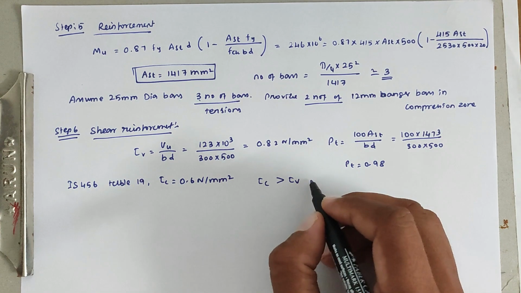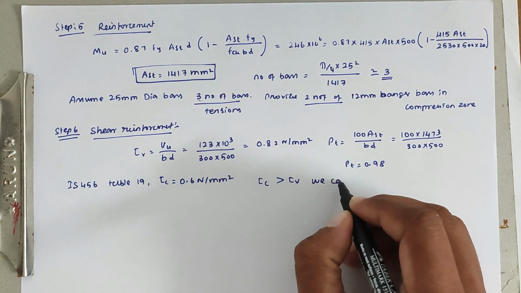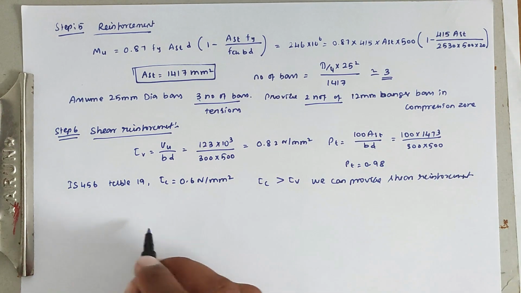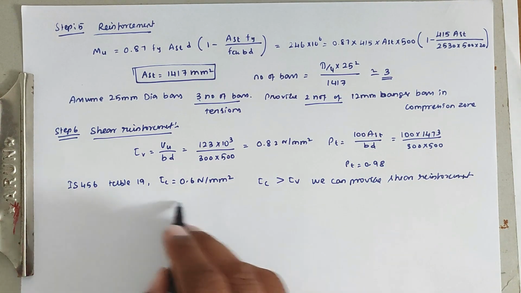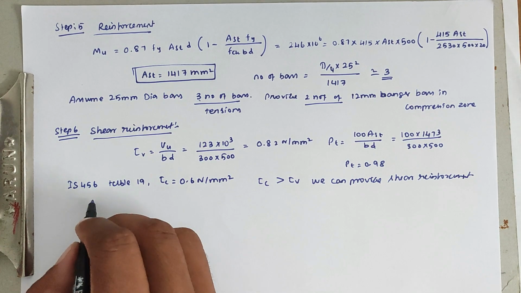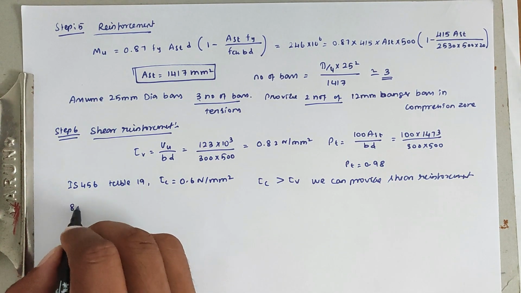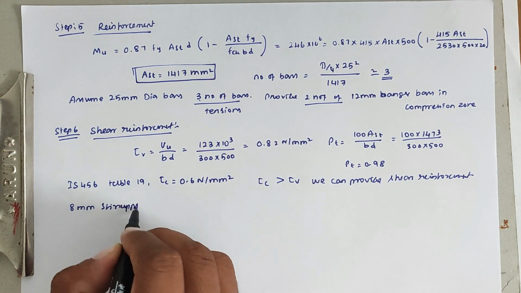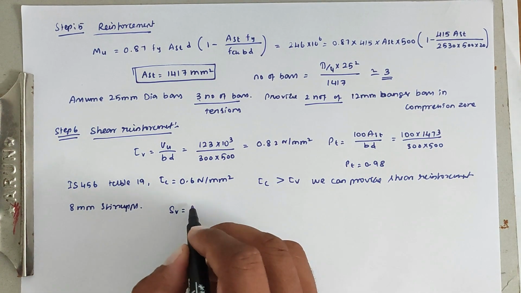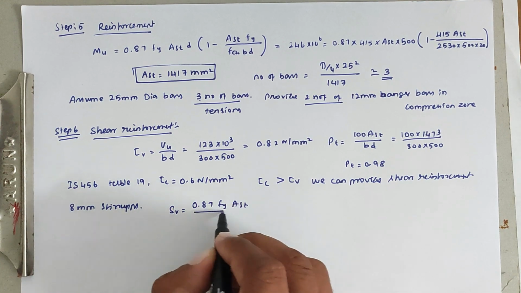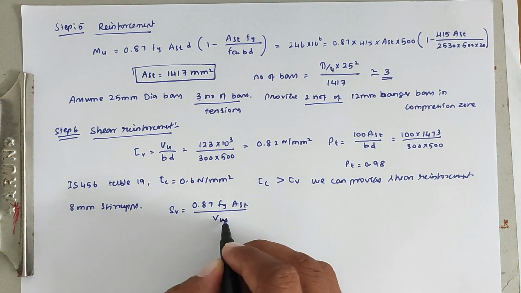Now we have to provide the shear reinforcement. The shear reinforcement will be 8 mm stirrups. SV spacing equal to 0.87 Fy AST divided by V into US.